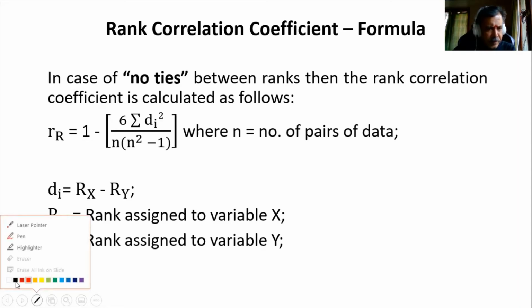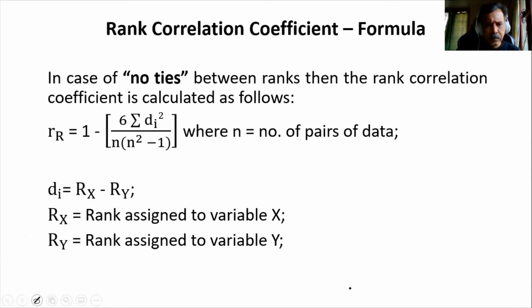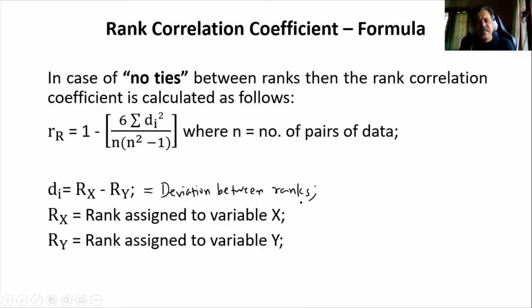Let me write that. This is also called the deviation between ranks. R suffix X is the rank assigned to variable X, and R suffix Y is the rank assigned to variable Y. The suffix i is there because for each comparison of data, each pair of data, there may be, let us say, n pairs of data.